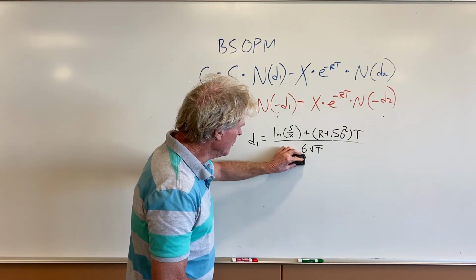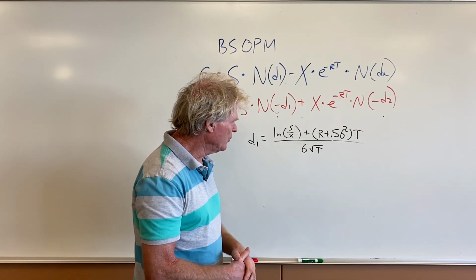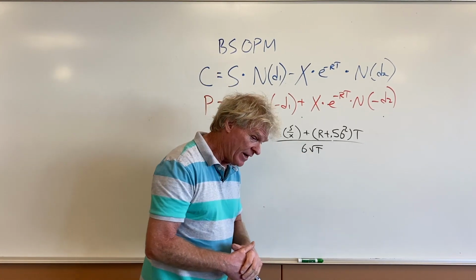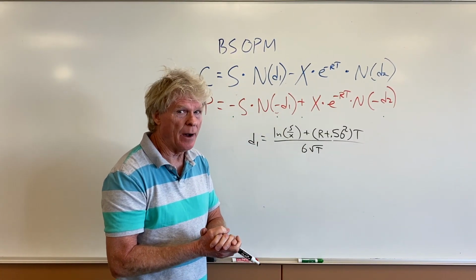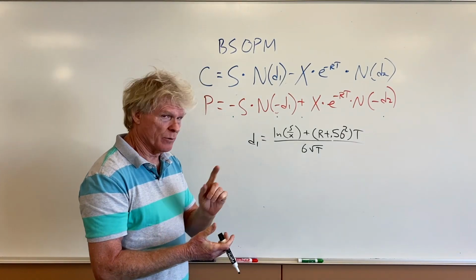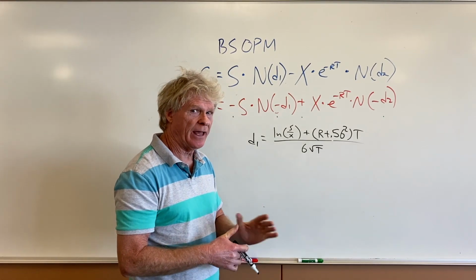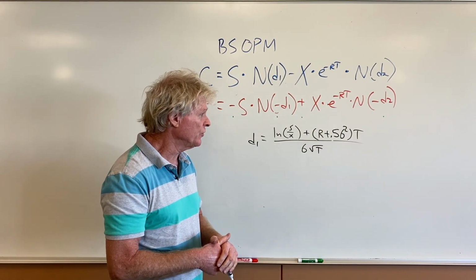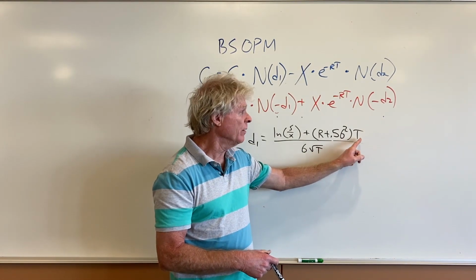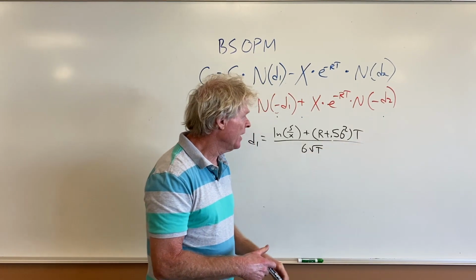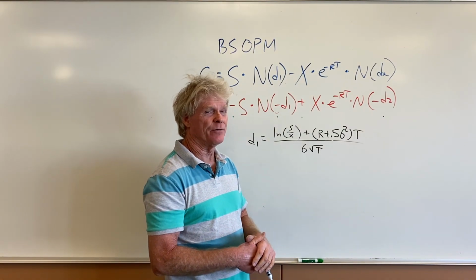Now, Black-Scholes wants sigma measured as the standard deviation of annualized, continuously compounded returns. At this point, I'll remind you that the Black-Scholes model wants T measured in years, and it wants R, the risk-free rate, in continuously compounded form.